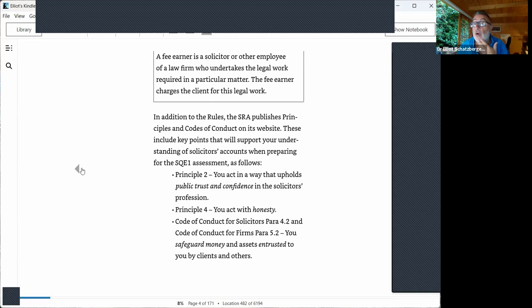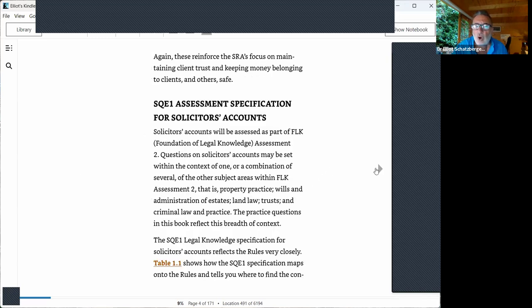And you need to spot the one that is missing or the one that isn't the right one, something completely different. So all of these are really ripe for these multiple choice questions. But let's move on. As I said, when you are dealing with solicitors' accounts, it could be in a number of different contexts.